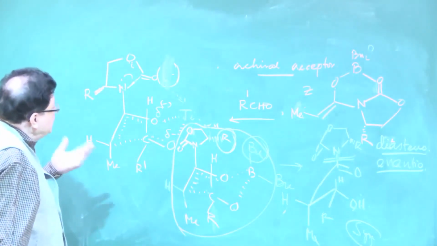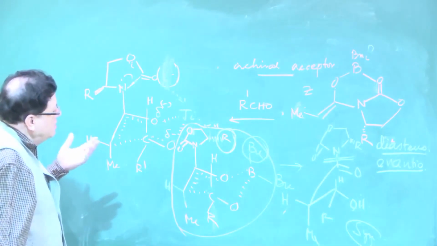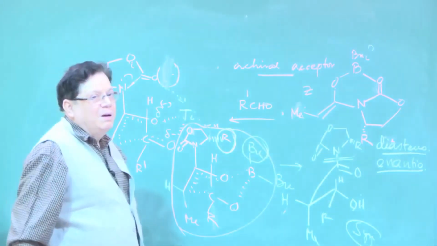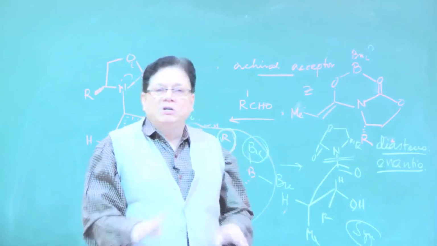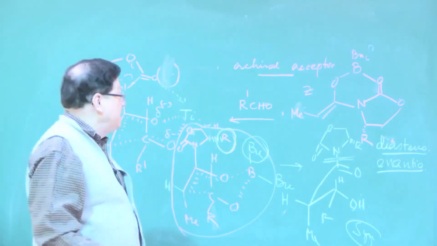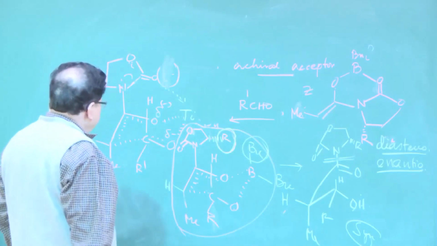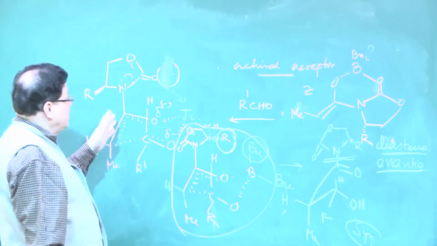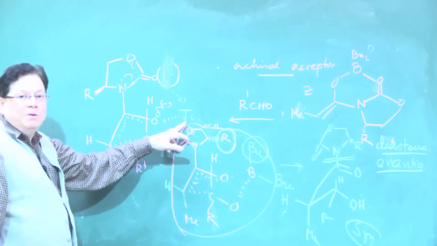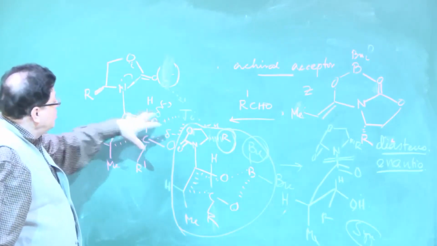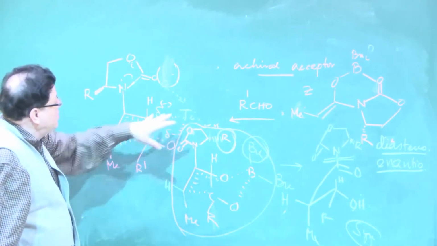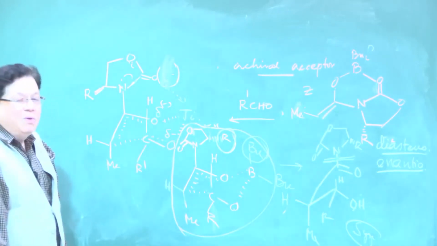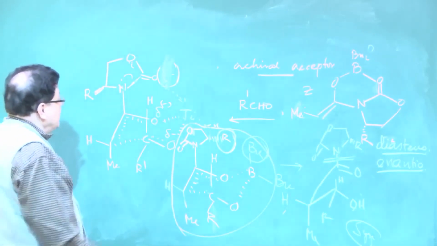Then there is a drastic change in the course of the enantiomer selectivity of the reaction. Diastereoselectivity is okay, it remains the same, but the enantioselectivity will be a problem, because the product that you got earlier using the boron triflate will be totally different when you use titanium. When you use titanium, what happens?